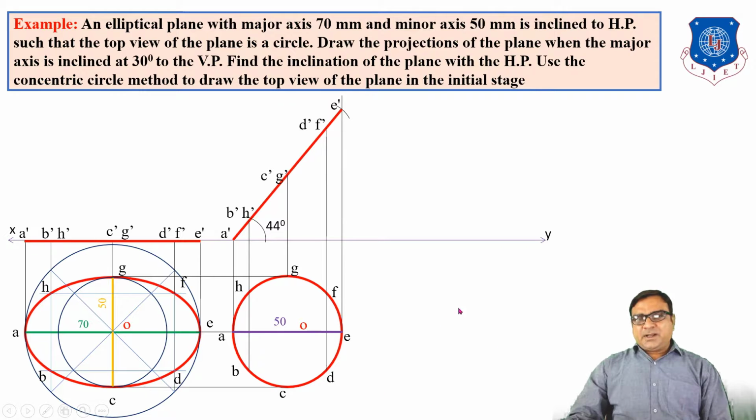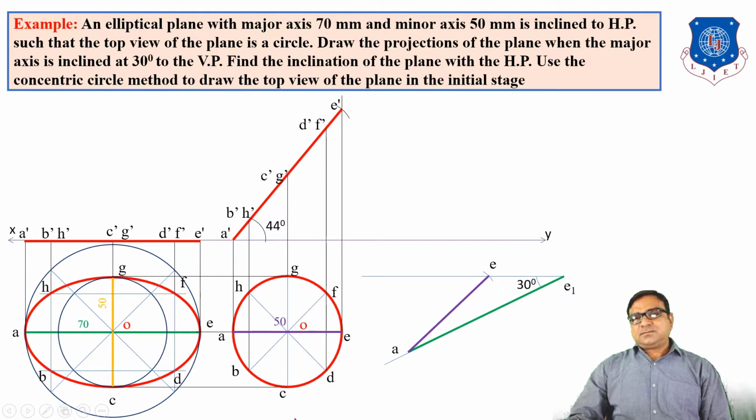To find the beta angle in step 5, draw one horizontal line parallel to X, and draw a 30-degree line A1, which is the true length of the major axis, 70 mm. Now from center A draw an arc on this line, which is the locus of E. The length of this line A is equal to the top view small a, 50 mm. When we extend this line, you will get the angle beta.